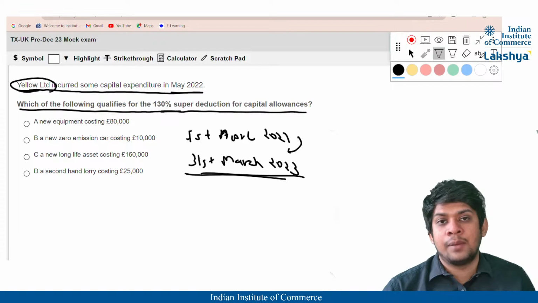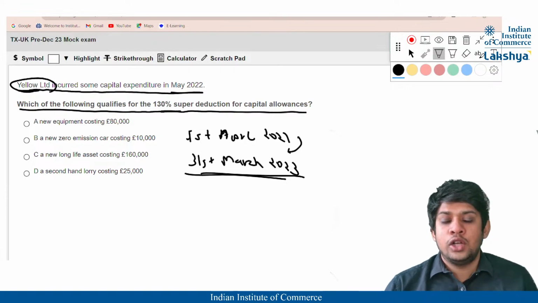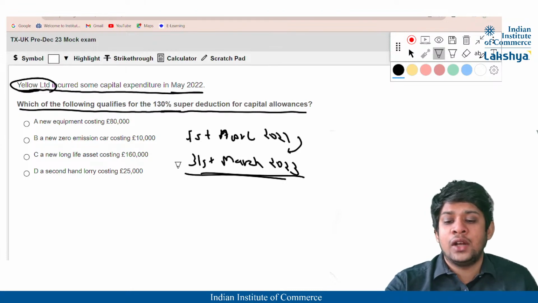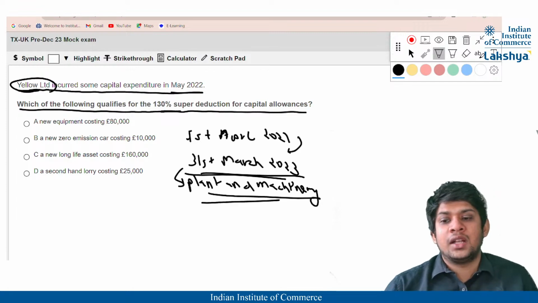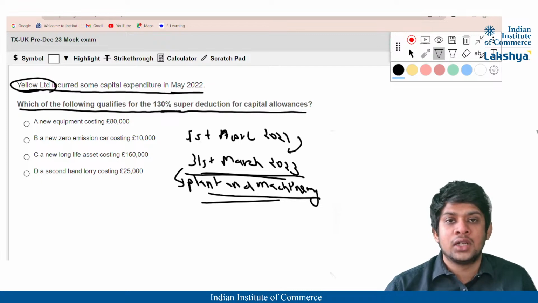This is only available for companies, not for individuals. So during this time period, if any assets are purchased, which are specifically not just assets, but only plant and machinery, then in such a case they qualify for a super deduction of 130%.